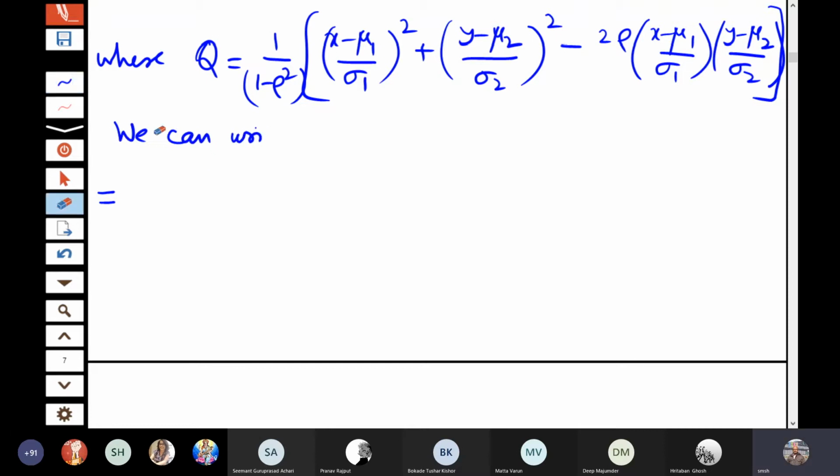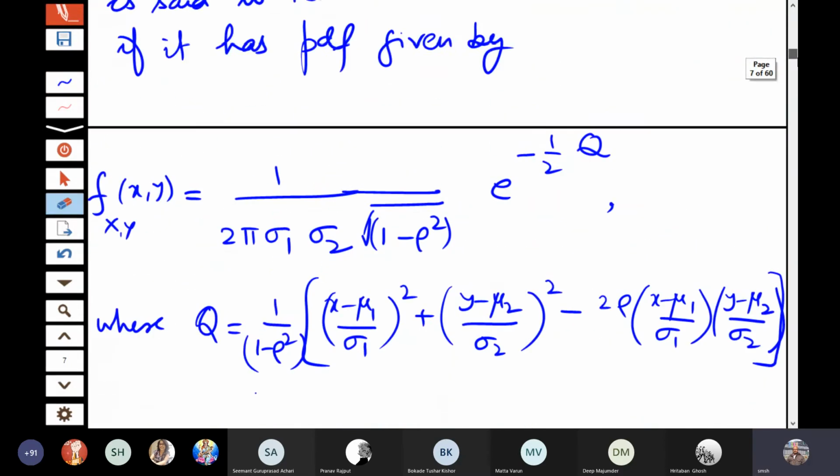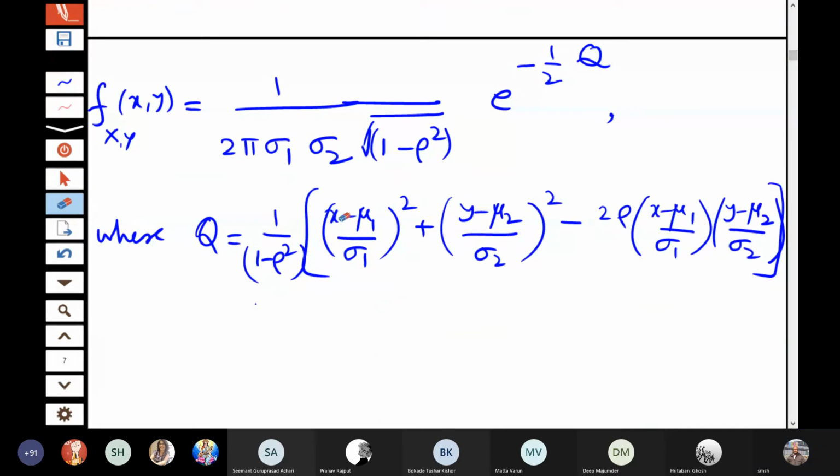Before that I should say something. Whenever we write down a distribution, we should talk about the range of the variables. I did not mention it because we already know the range in the normal distribution. x is any real from minus infinity to plus infinity, and y is any real from minus infinity to infinity. In fact, we should say that (x, y) belongs to R2, because it is a jointly distributed random variable.